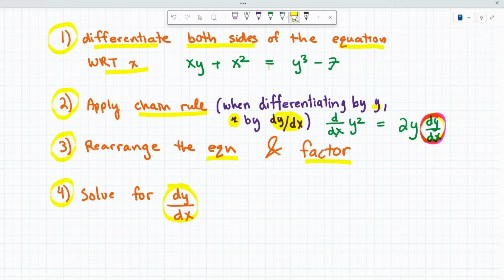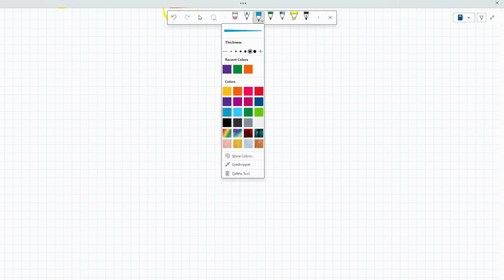Now let's dive into an example, and this will help us clear up everything. We're going to start with a bit of an easier example. I think this equation should be familiar to a lot of us: x squared plus y squared equals 9.